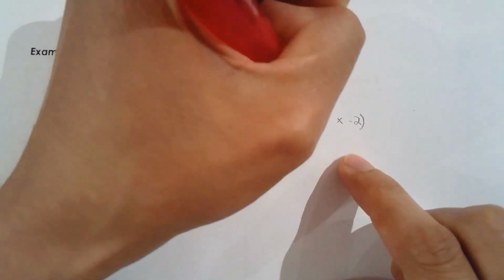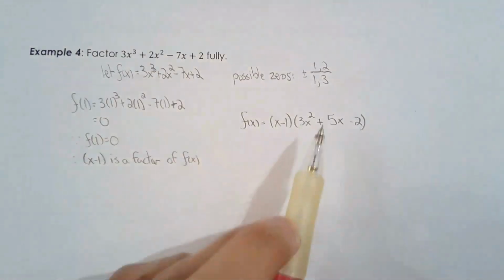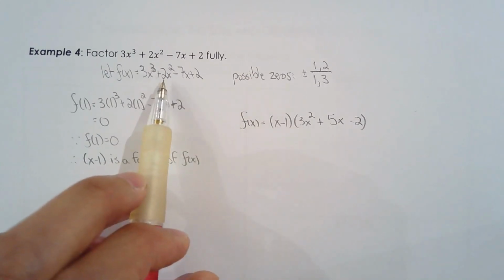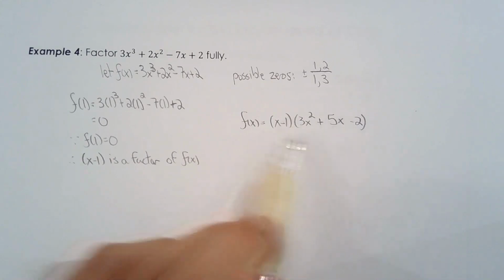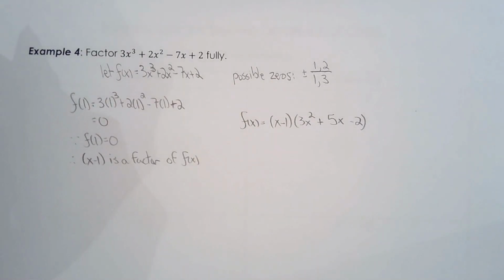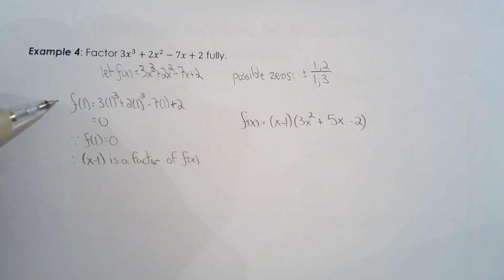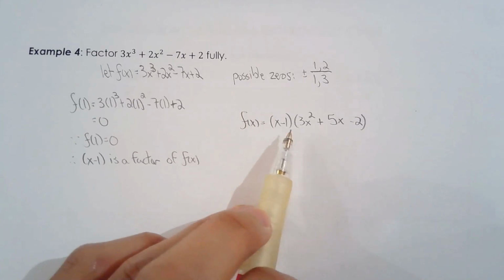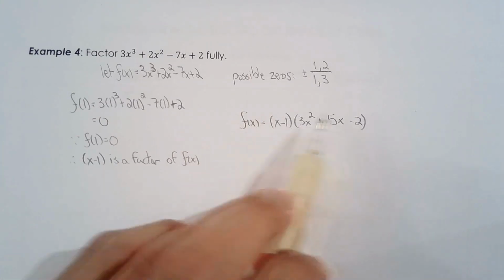So guess what? I'm going to put 5x here, because 5x squared minus 3x squared will get me 2x squared. And if you really don't trust yourself, you can expand, and you'll see if you really have f of x.